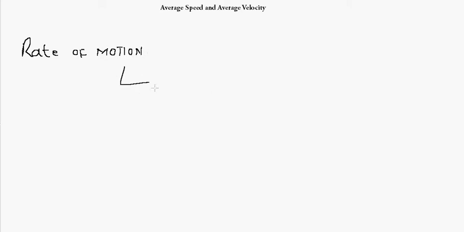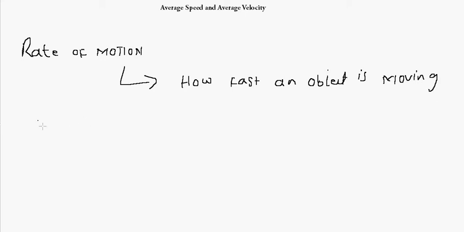The rate of motion describes how fast an object is moving. The simplest way of describing the rate of motion is called the average speed.